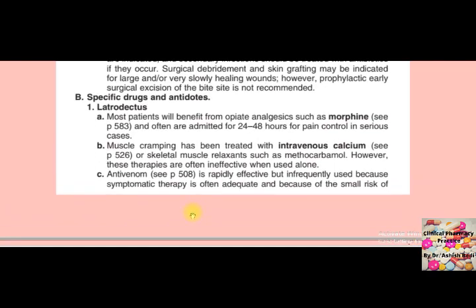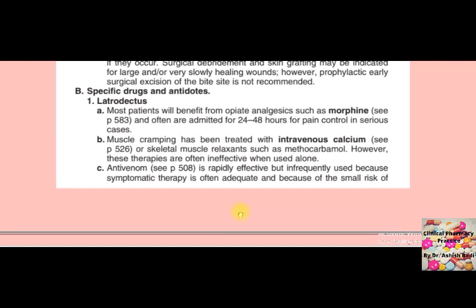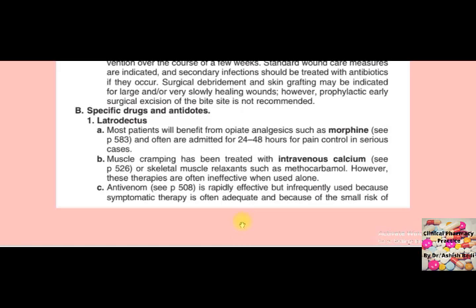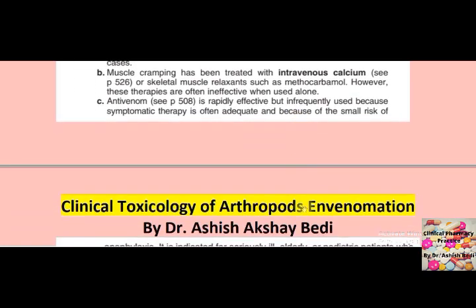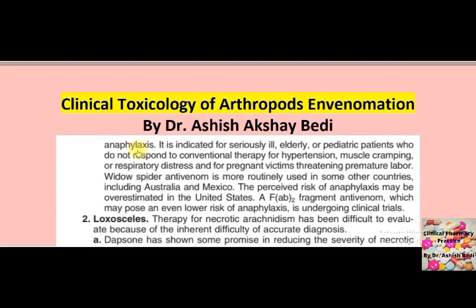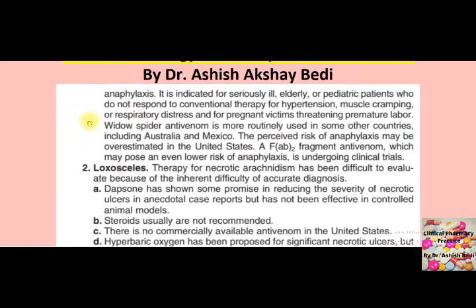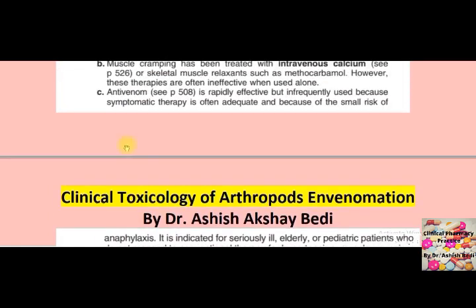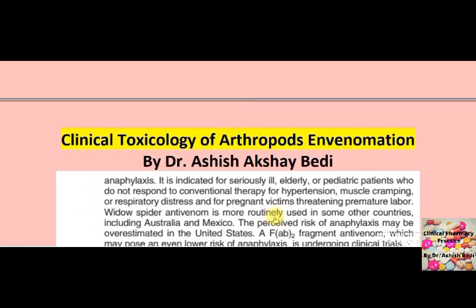Symptomatic therapy is often adequate, and there is always a risk of anaphylaxis, so why give anti-venom if the patient is benefiting from symptomatic treatment? So we often do not use anti-venom for lectrodactus species.